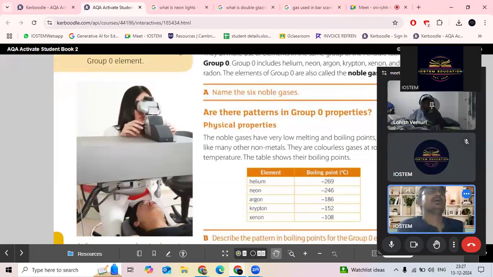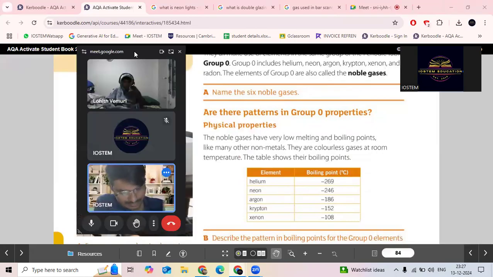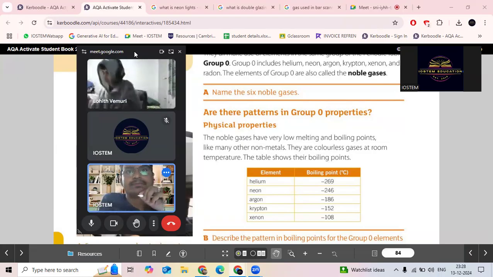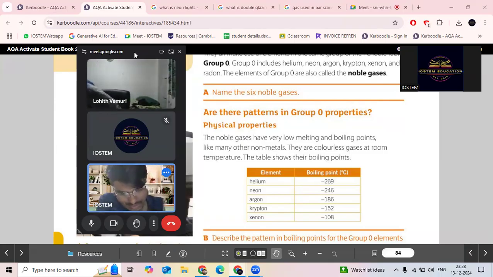Yeah, it almost follows the same pattern. If we go from top to bottom, the melting point increases. You can write melting and boiling point both. And they are also very, very low actually.